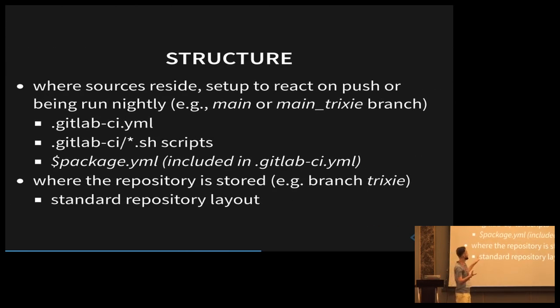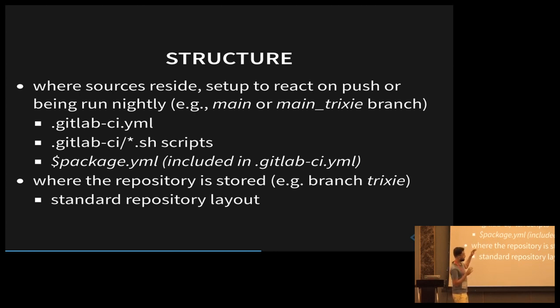So the structure is easy. It's just a few GitLab YAML files. The main YAML file includes the packages YAML file, and there are a few scripts which execute the creation of the package and push it into the repository.